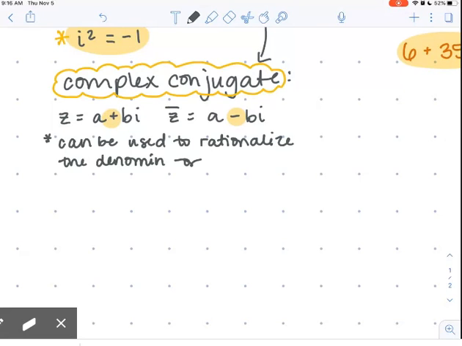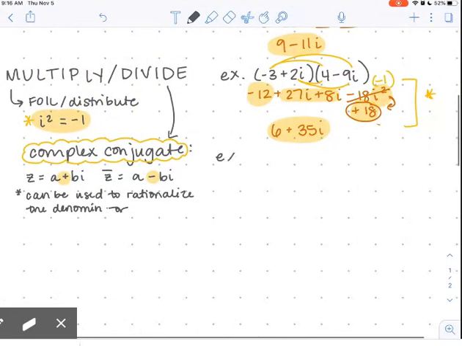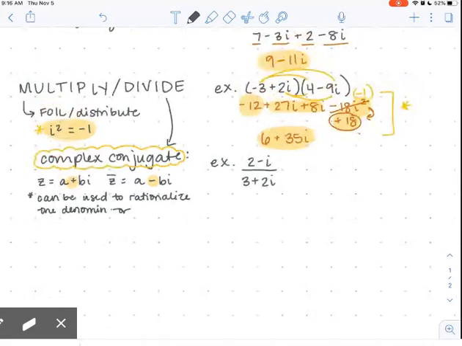So let's just get into some examples of this, which I think will make it easier to understand. If I have 2 minus i over 3 plus 2i, the main idea here with division is we're not actually really dividing anything. We're just rationalizing. So I want to multiply both top and bottom by the complex conjugate.